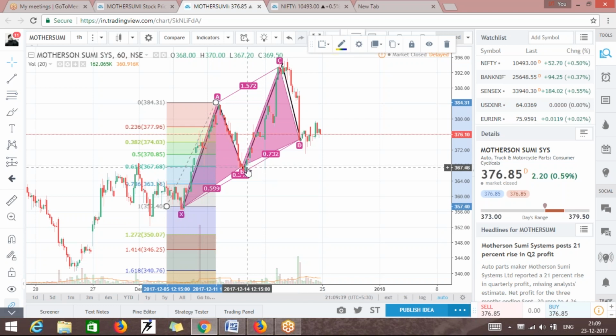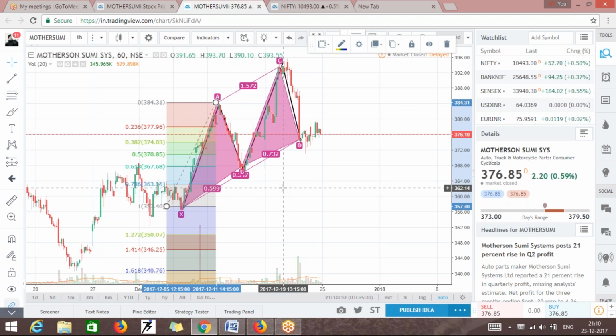We have studied that the first retracement of XA, that is the AB line, should be 38.2 to 61.8. See here it is exactly at the 61.8 level. The Fibonacci retracement is 61.8. So this is where we could confirm that the first criteria is fulfilled.